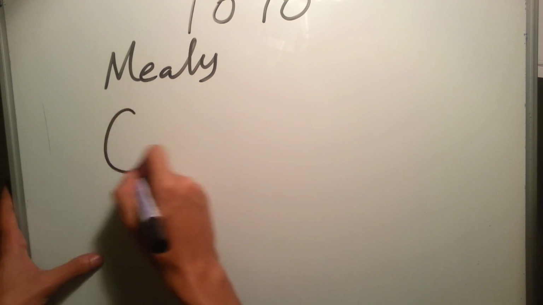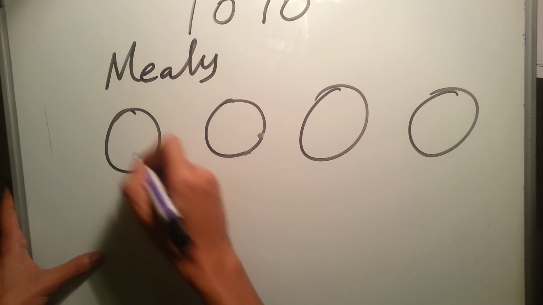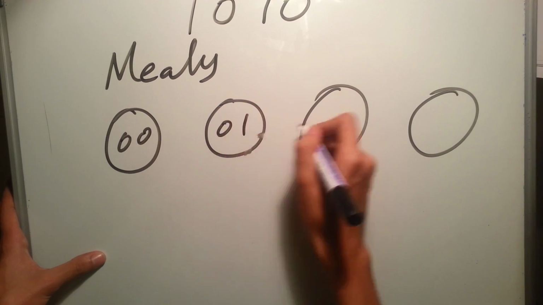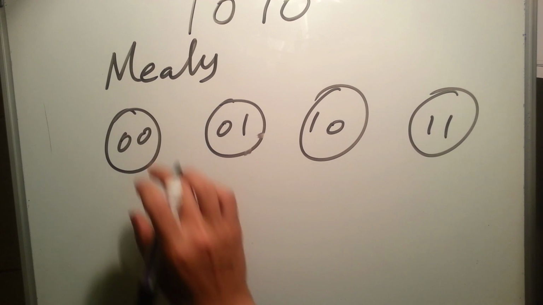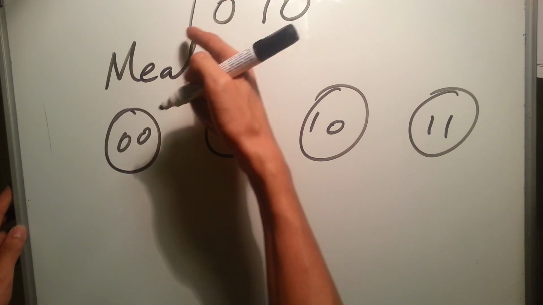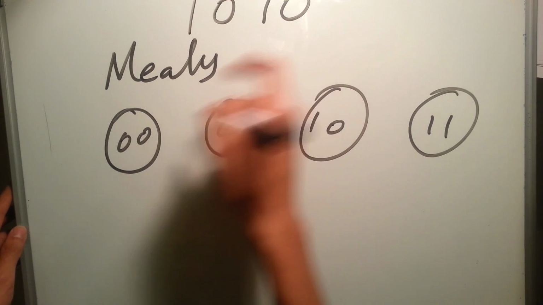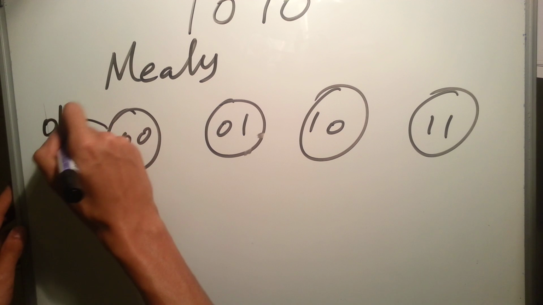So for Mealy, we'll have 4 different states: 00, 01, 10, 11. And then you start from the first state. If you get a 0, then this is not the sequence you need, so you'll stay at your place with output 0.